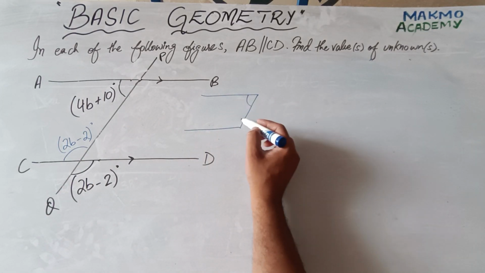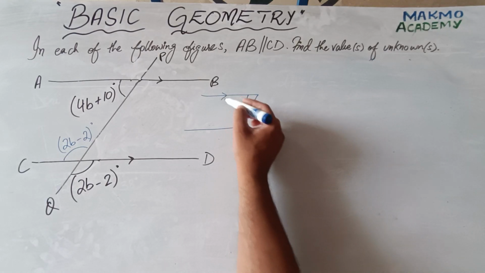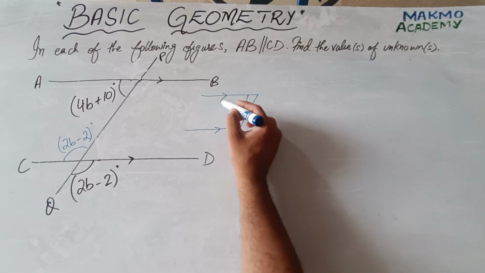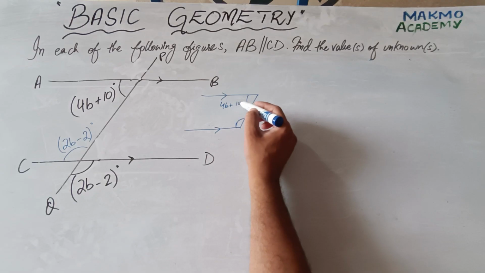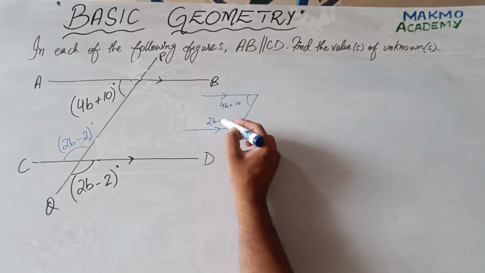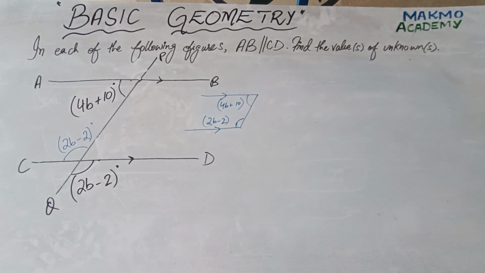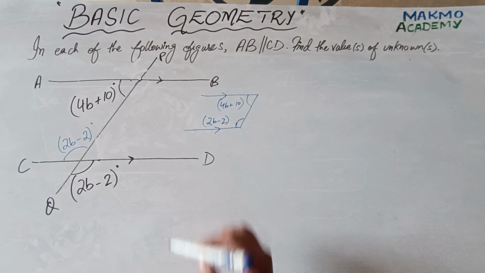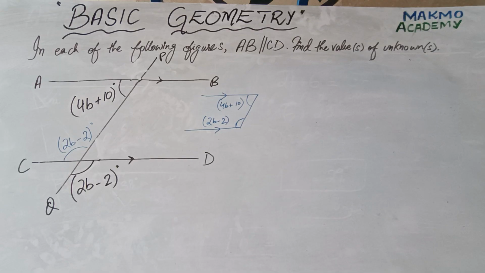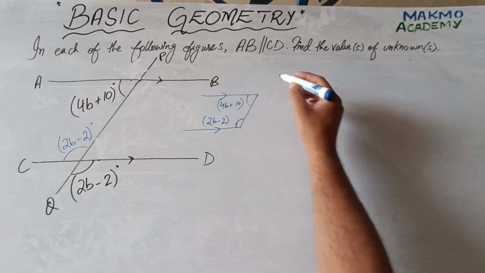They both are under the arms of these two straight lines. This is your 4b plus 10, and here is 2b minus 2. So these two angles are under the arms of letter C, which means that their sum is equal to 180 degrees. They are interior supplementary angles.